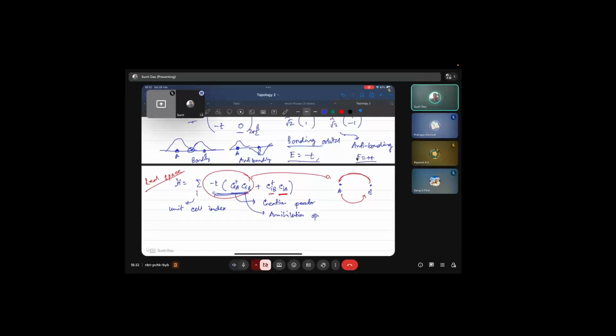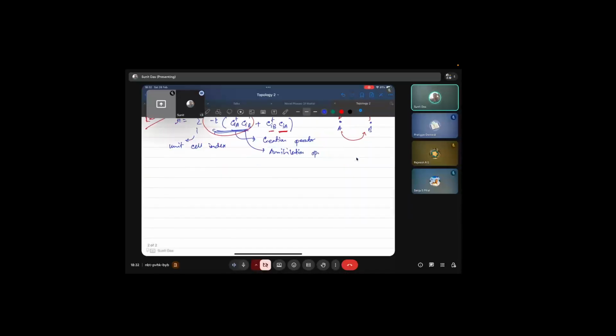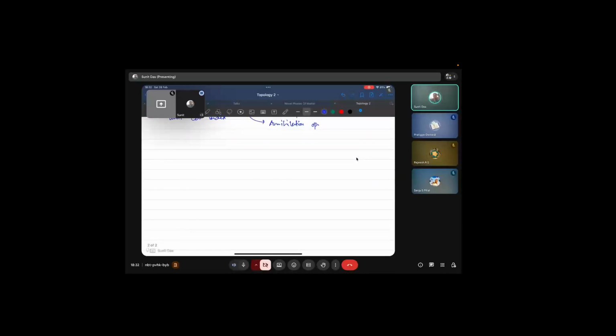We already know what these energies are: one is energy equal to minus T, one is energy equal to plus T. So if you plot the energy as a function of, let's say, the position of the unit cell, each unit cell has two energy values: one is plus T, and another one is minus T. This is for, let's say, the nth unit cell.